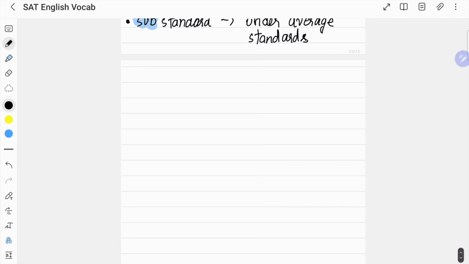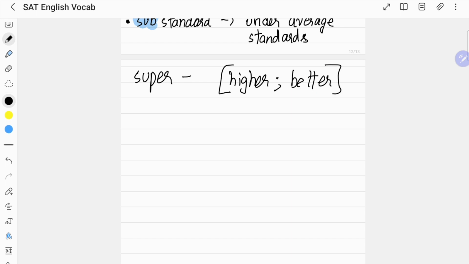Alright. Another root word is super, which normally means higher or better. Now, let me underline it. Super.